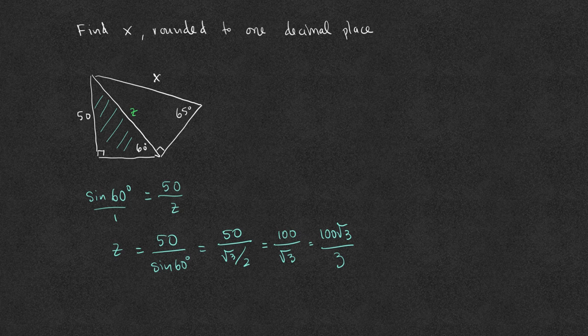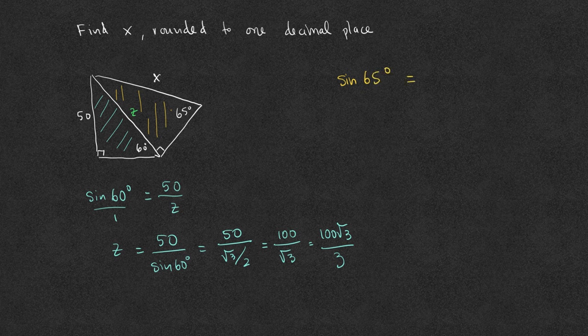Using the second right triangle, given the angle 65 degrees, z is the opposite to 65 degrees and x is the hypotenuse, opposite and hypotenuse again. So with the second right triangle, we will use the sine function again.